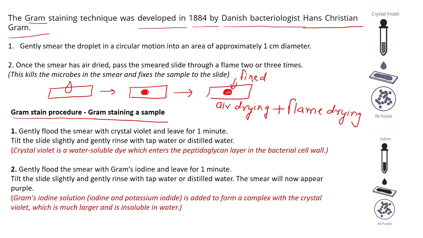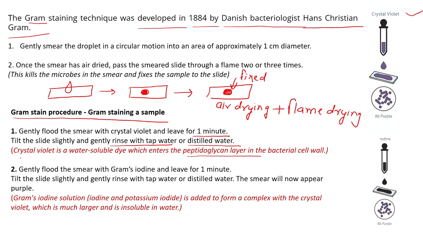The first step is you put crystal violet dye on it and keep it for 1 minute. After 1 minute you rinse your slide with tap water or distilled water. The concept behind this is that when you put crystal violet on gram-positive bacteria, the peptidoglycan layer is exposed because there is no outer membrane to protect it.